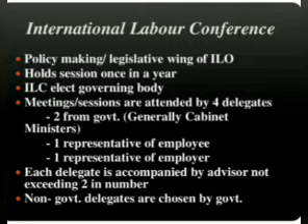The sessions are attended by 4 delegates, which we had already discussed: 2 will be from the government, generally cabinet ministers, 1 representative of the employee, and 1 representative of the employer. Each delegate is accompanied by advisors not exceeding 2 in number. And non-government delegates are chosen by the government.